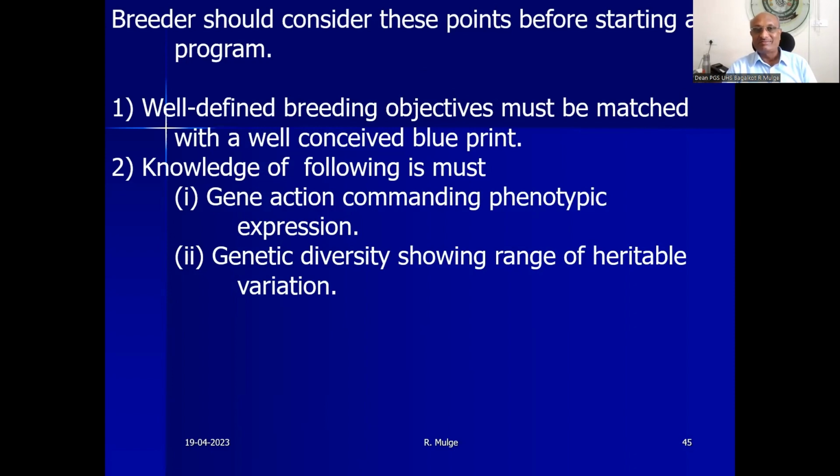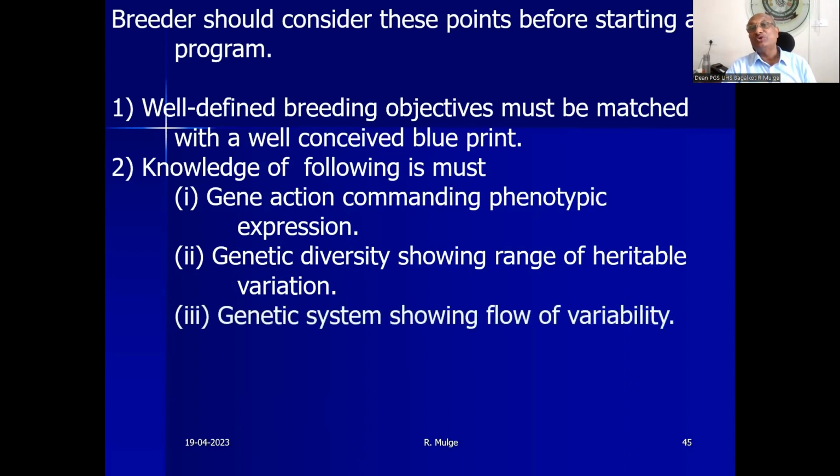Then that means you should know the heritable components. Gene action, how many genes are involved, then only can you predict at least the amount of heritability and the environmental interaction. Then the genetic system showing flow of variability, whether it's cross-pollinated, self-pollinated, whether incompatibility is there.